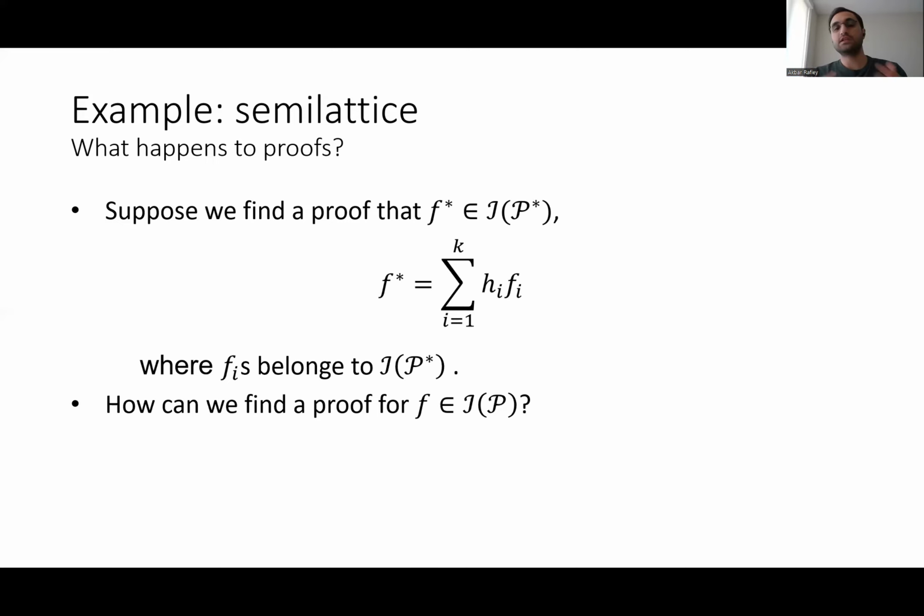Well, we have messed up these polynomials, right? We do this substitution, we change the domains. So it's absolutely non-trivial how we can recover a proof. Now, in the next part of the talk, I'm going to bridge the gap between this decision version and how to find a proof of membership.